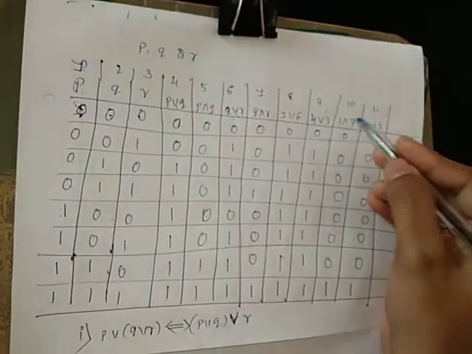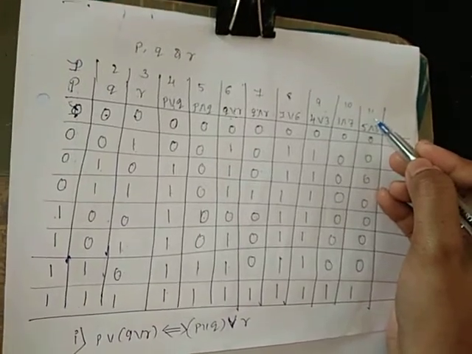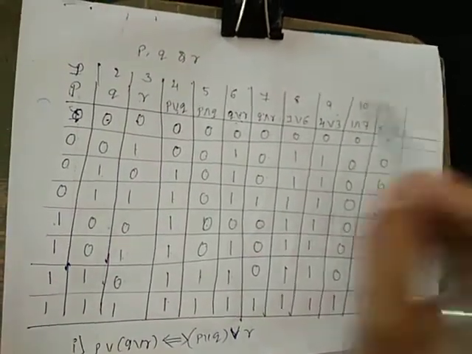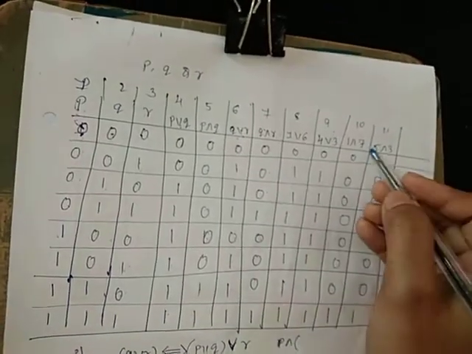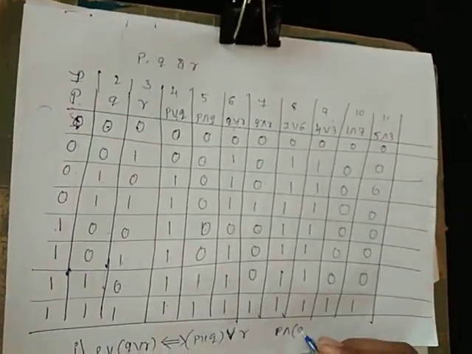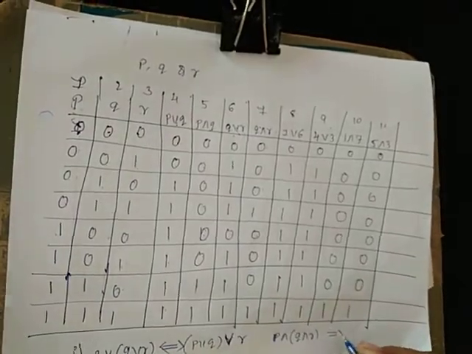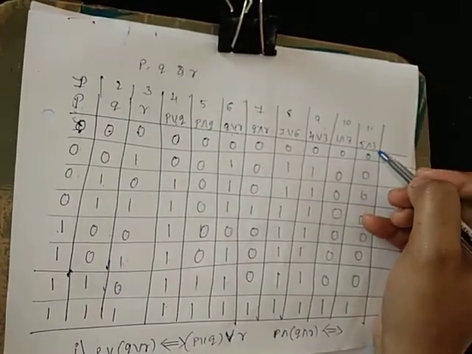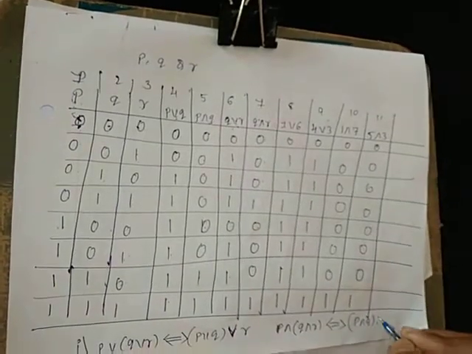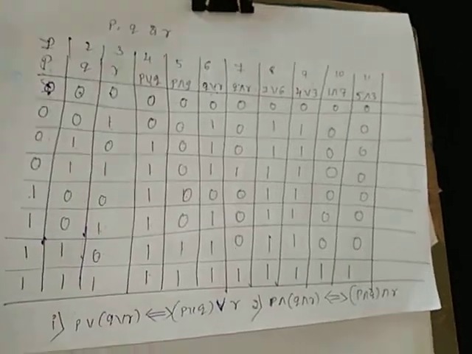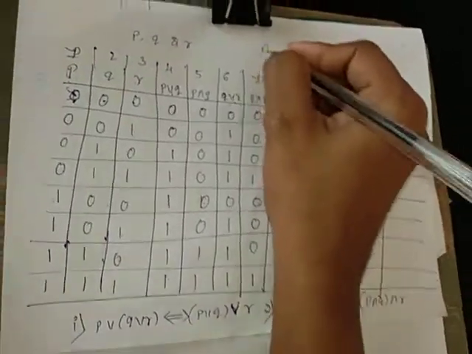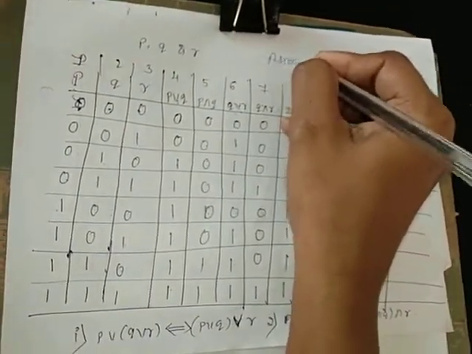By the column 10 and 11, 1 and 7, where 1 is P and 7 is (Q and R), is equivalent to 5 and 3, (P and Q) and R. Those are called associative law.